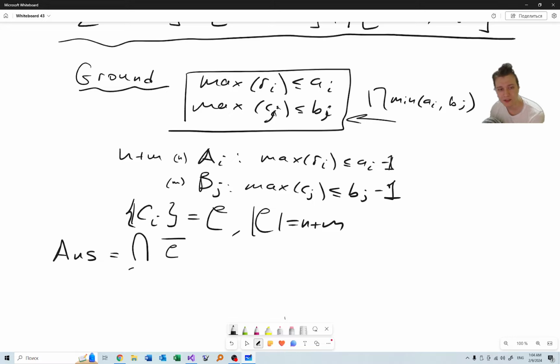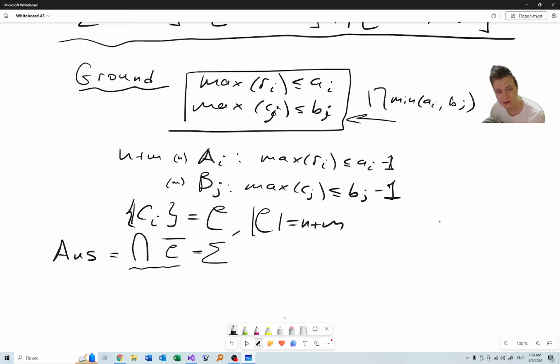To calculate the intersection of several sets, we can apply the inclusion-exclusion principle and say that instead of that, let's try to satisfy some of them, to satisfy exactly K, for example.